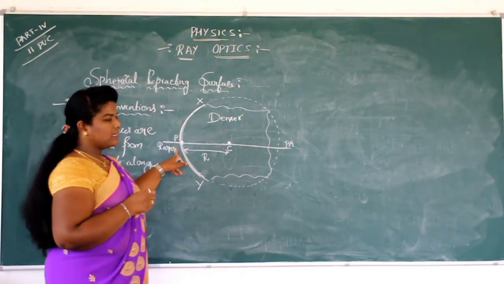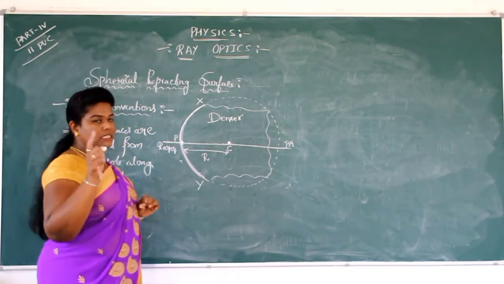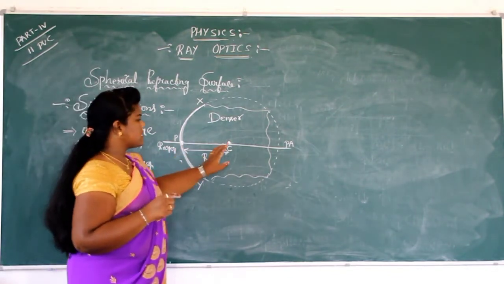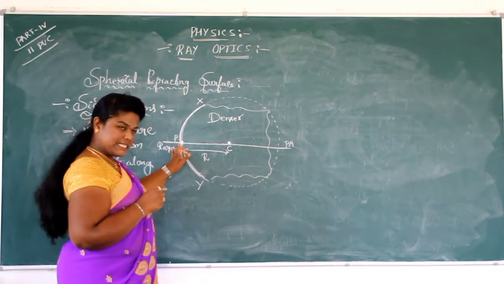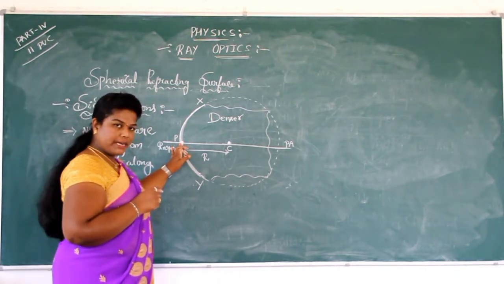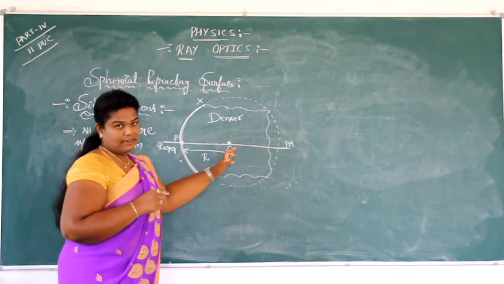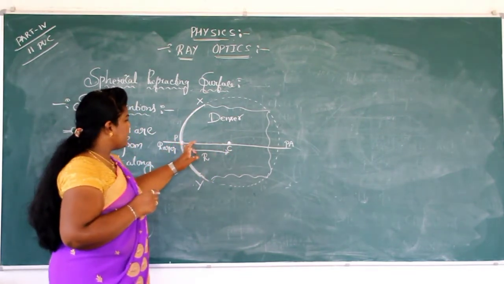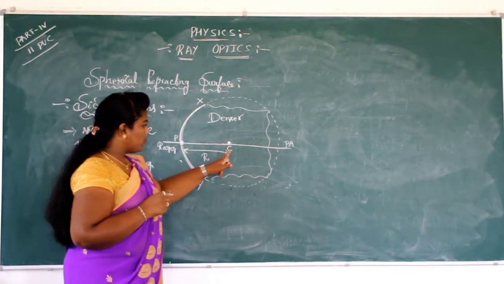That is said to be the first sign convention. It means if you want to measure the object distance, we should measure from the pole itself. We should consider the pole as a reference point, and then measure other distances. If I want to measure the radius of curvature, I should measure from the pole only.